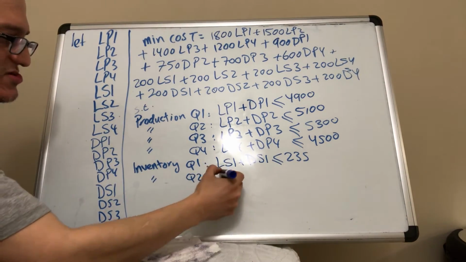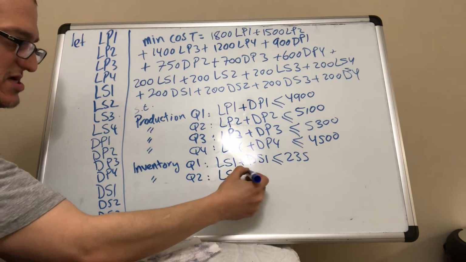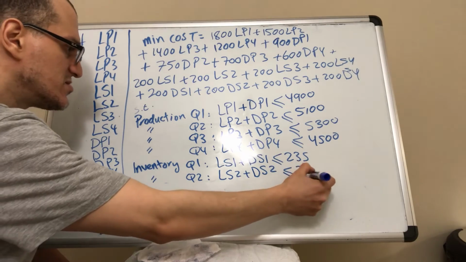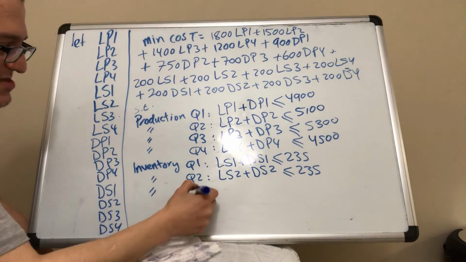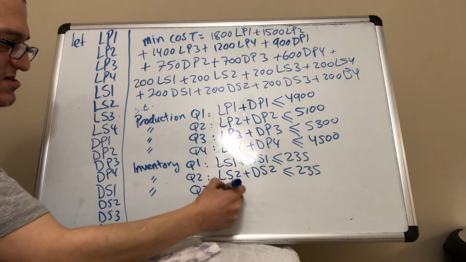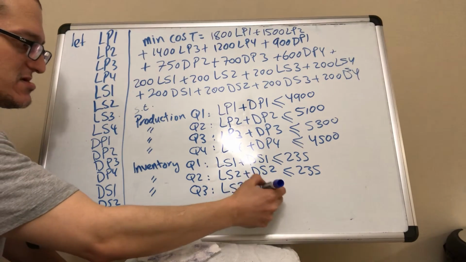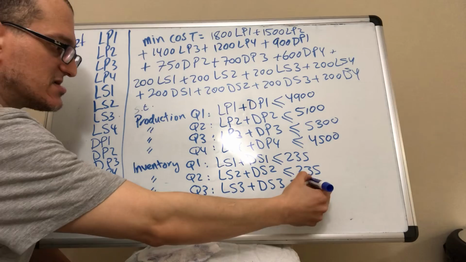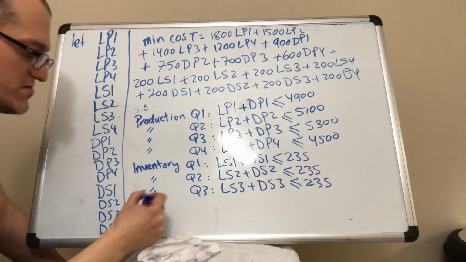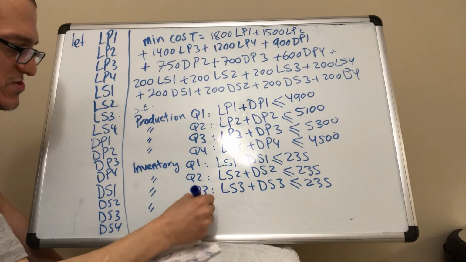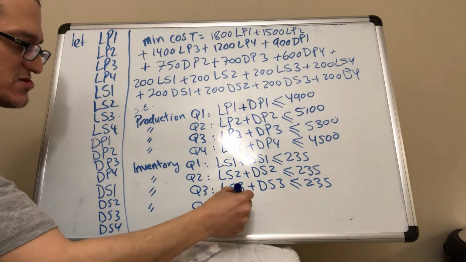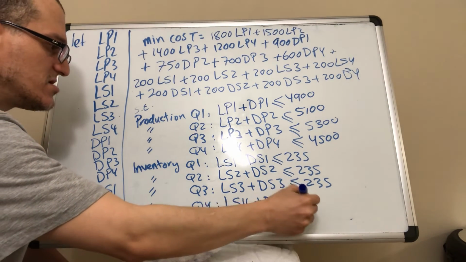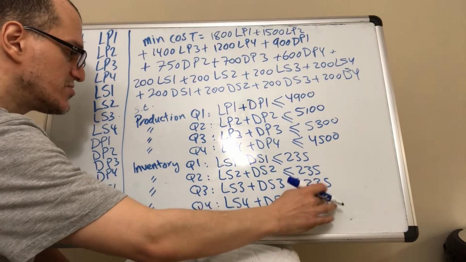Inventory Q2, you can store L, you can store D not to go over 235. Q3, you can store L, you can store D not to go over 235. Q4, you can store L, you can store D not to go over 235.